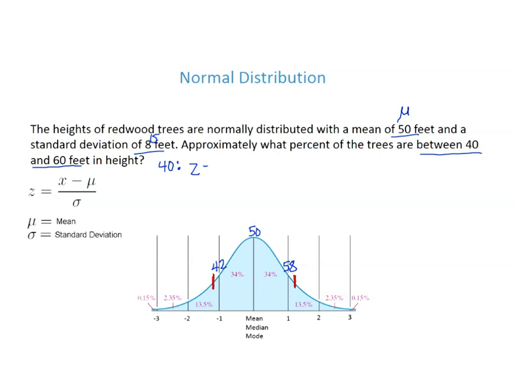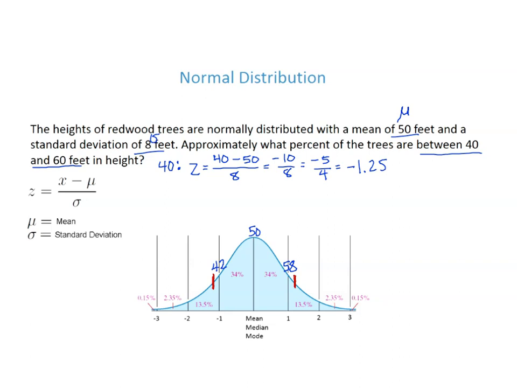The z-score is going to be the value that we're looking at, which is 40, minus the mean, which is 50, divided by the standard deviation, which is 8. So we get -10 over 8, which is the same thing as -5 over 4, or -1.25.